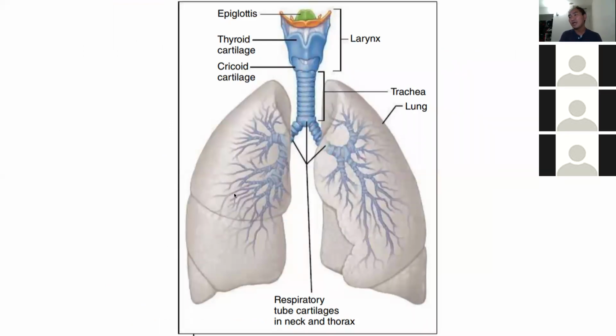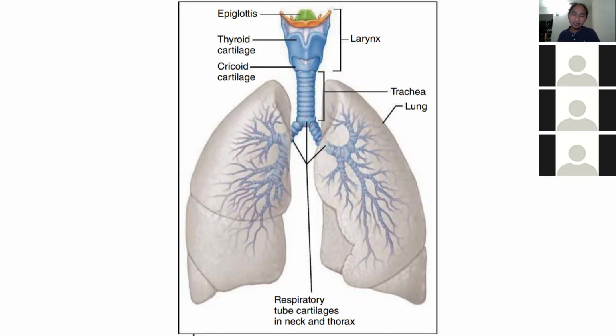Easy. And look at that, our trachea, respiratory pipe or windpipe, which is coming into the thorax, and it branches into right bronchus and left bronchus. These respiratory tracts are made of multiple cartilage rings.